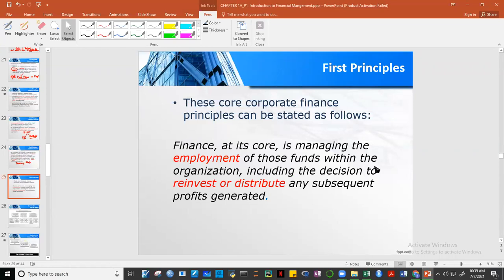Is it the optimal capital structure or hindi ba yun yung capital structure na dapat para sa company? So importante na decision na ginagawa ng finance. May potential investment, okay ba to? Will this earn a risk-adjusted return for the company which is higher than the weighted average cost of capital? Okay, so that's managing the employment of those funds.